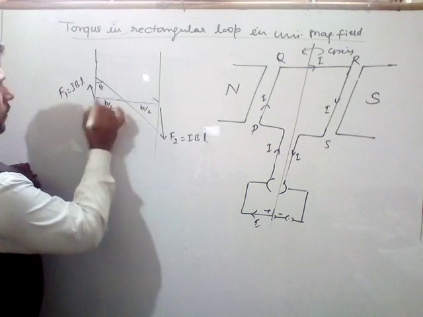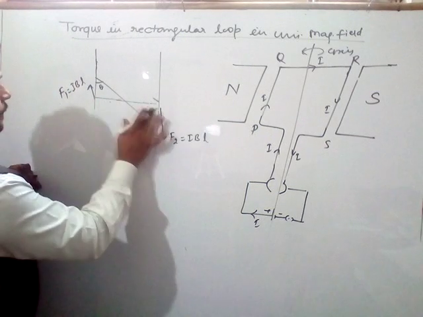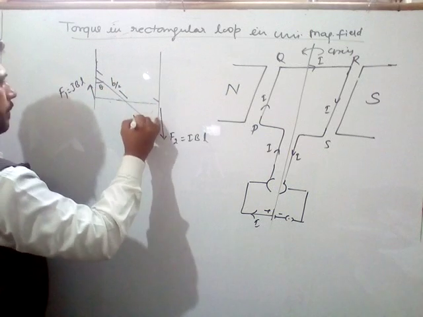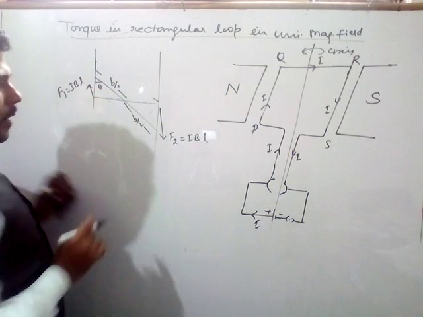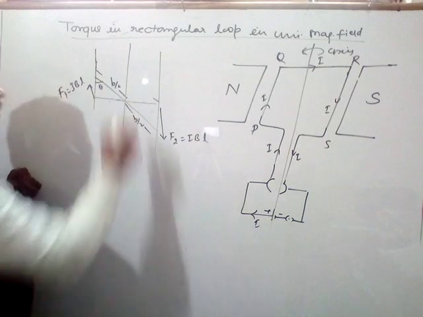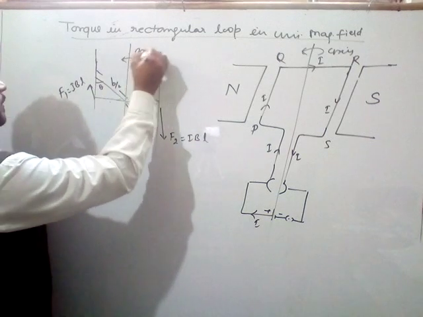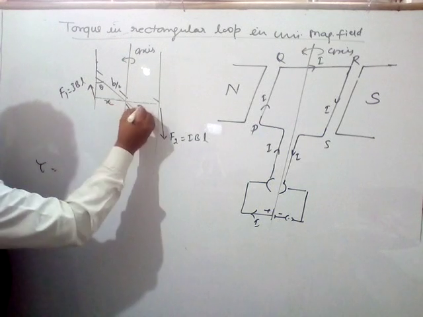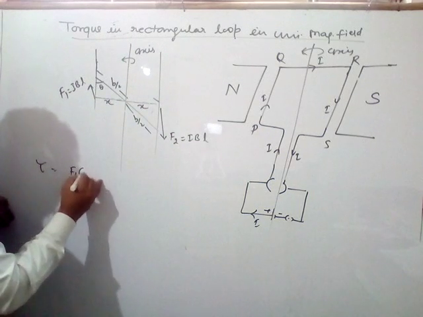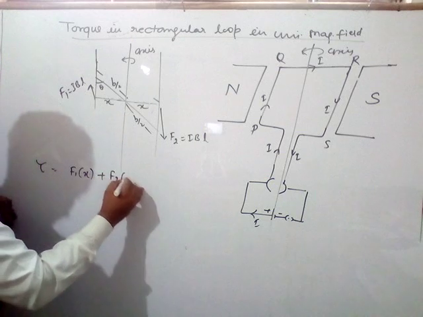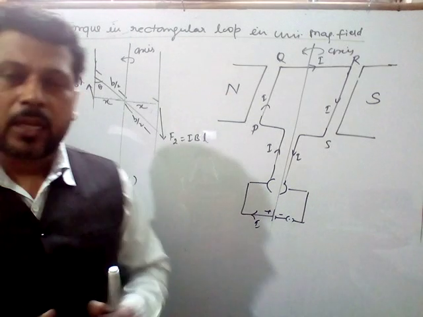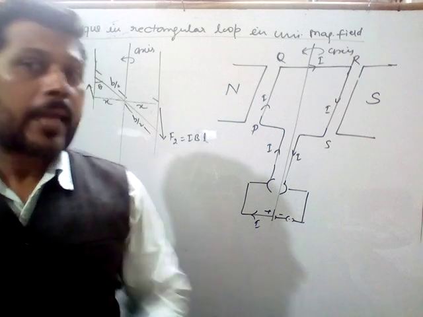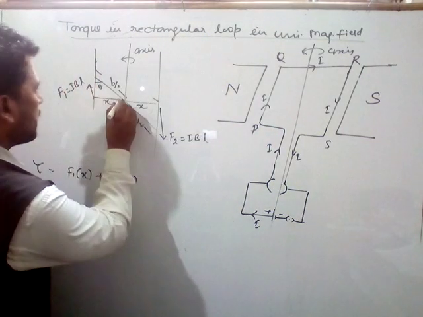To obtain the torque, whenever it rotates about its axis, torque equals F1 into x plus F2 into x, because torque is force times the perpendicular distance from the force to the axis, and that is x.